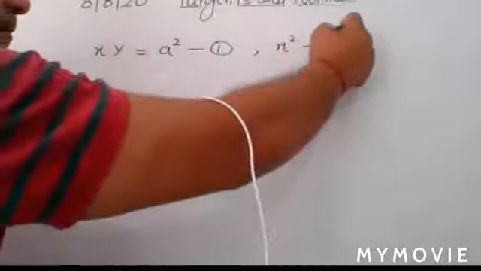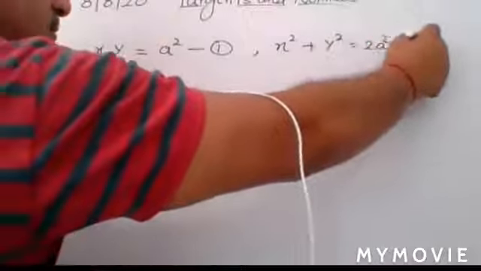You write it: prove that the curves xy is equal to a square and x square plus y square is equal to 2a square touch each other.